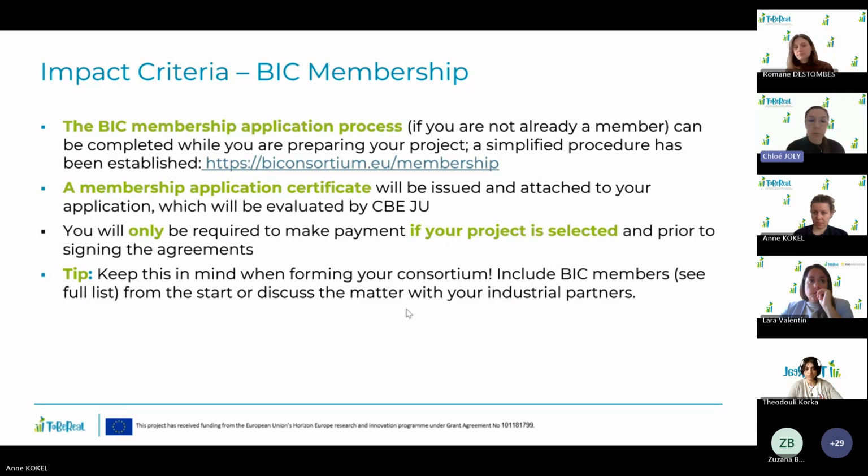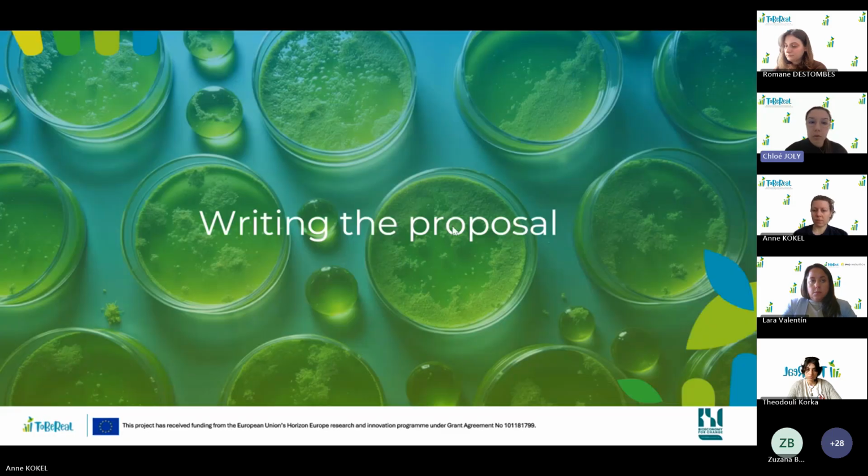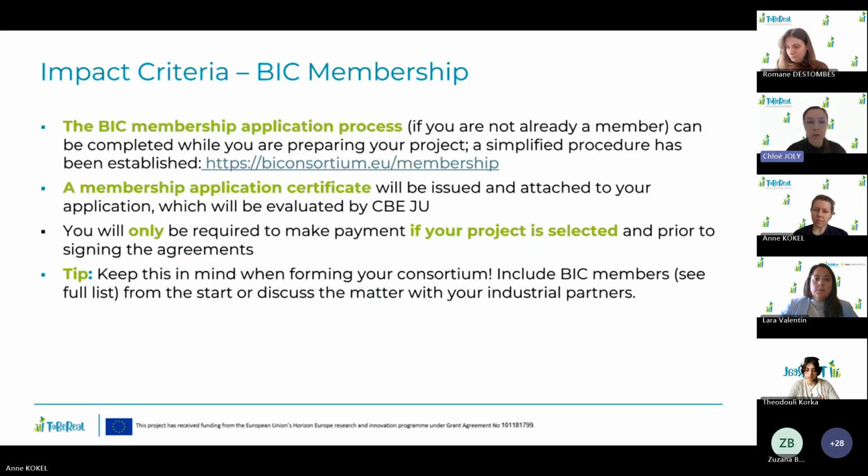So you just need the certificate that is needed to ask on the BIC platform, and then only if your project is approved, the organization that asks for BIC membership will have to pay for the membership, and you have to pay for the membership for the whole project duration. If your project is approved, you have to be a BIC member until the end of your project. So I hope it's clear.